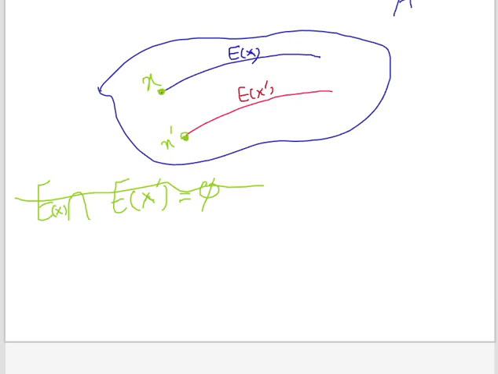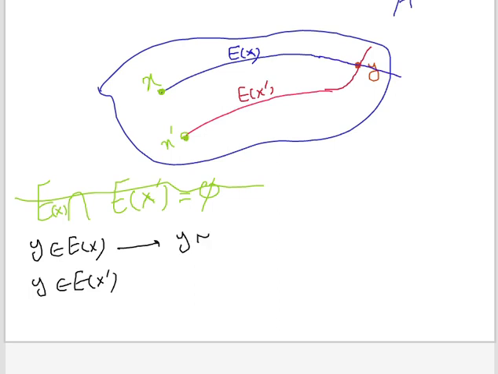For example, they have an intersection in a point, say Y. Then this curve crosses this point, and this one also. Y belongs to E x. Y belongs to E x prime.